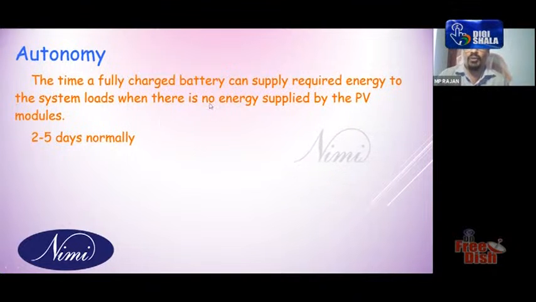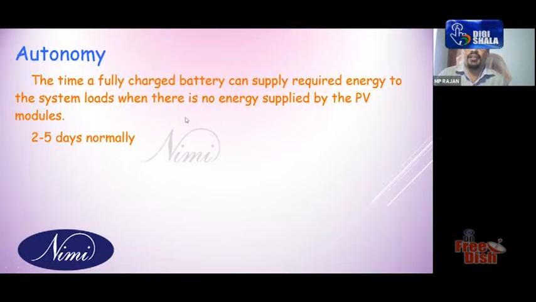Whereas you require electrical energy continuously for your appliances, but the sun is not giving you the energy because of rain or something. So there should be a reserve capacity in the battery. How many days you can have energy from the battery without an input solar power supply, that indicates the autonomy.